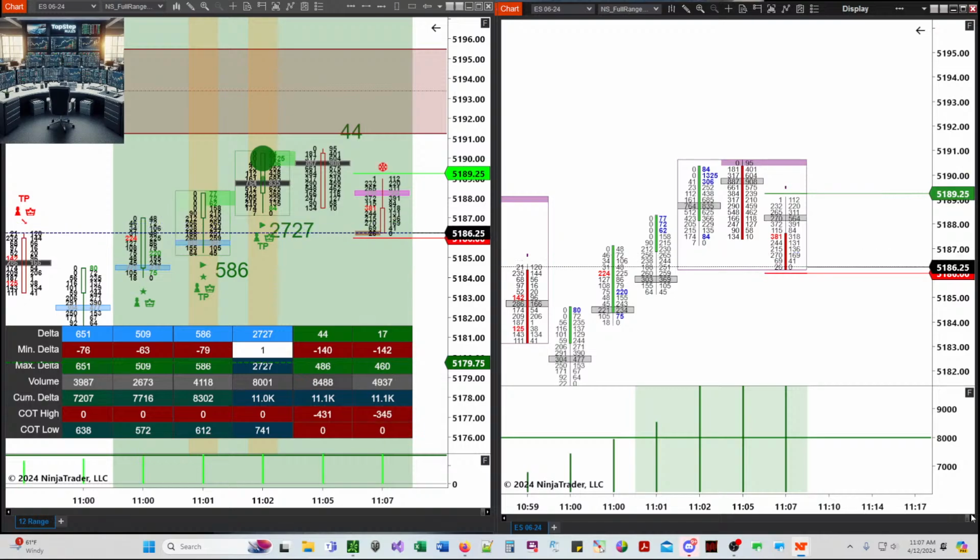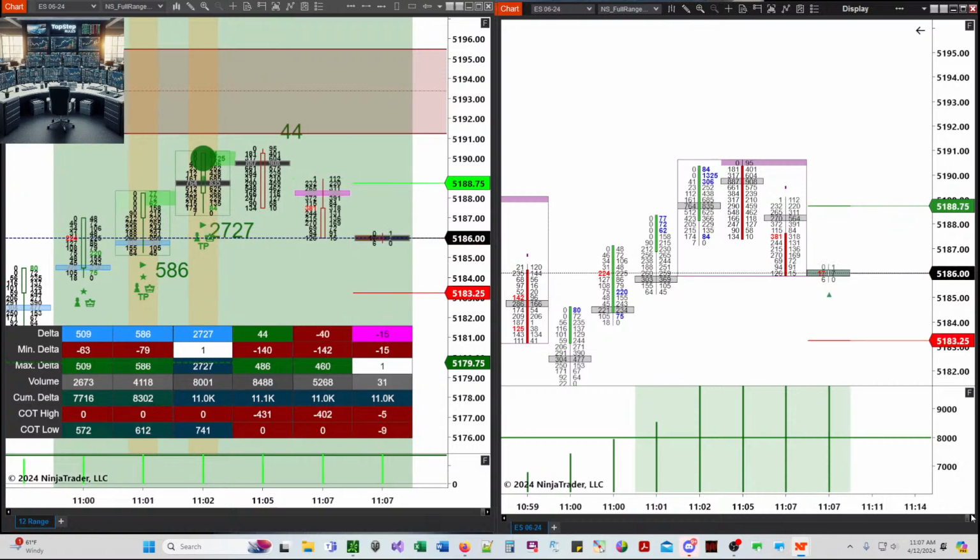POC wave flashing again. And it's etched in stone.